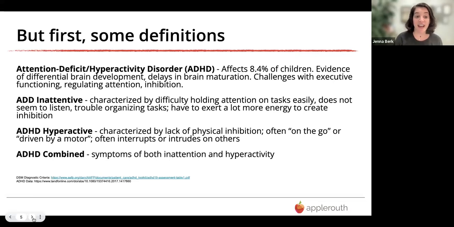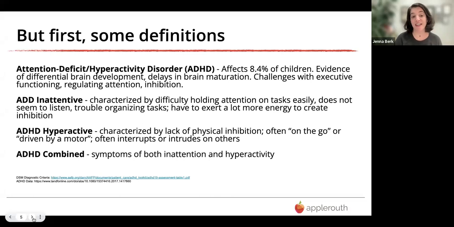So attention deficit/hyperactivity disorder, or ADHD, affects close to 9% of children. You usually see differential brain development and delays in brain maturation, and it usually includes challenges with executive functioning, regulating attention, and inhibition. And there are a couple different subtypes of ADHD.